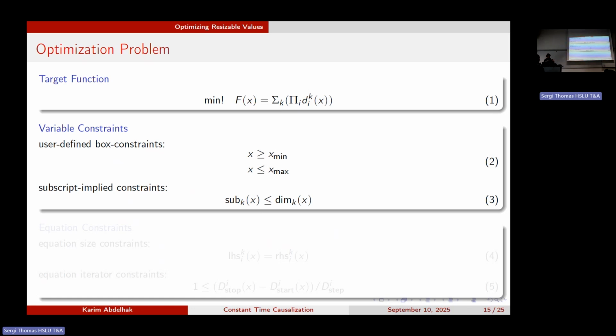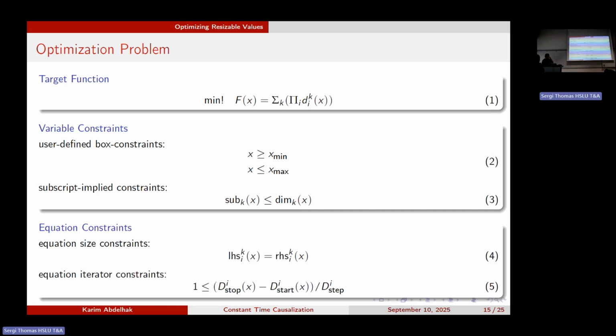I already explained that if you access a certain variable at 100, it has to be at least of size 100. So we look at the subscripts of x, and this has to be less or equal to the dimension defining expression. In our case, it was just a parameter. Then we have these equation size constraints. The left-hand side and right-hand side for each equation has to be of the same size. And equation iterator constraints. These ensure that every equation exists at least once, such that each iterator iterates over at least one value. That's what this equation does.